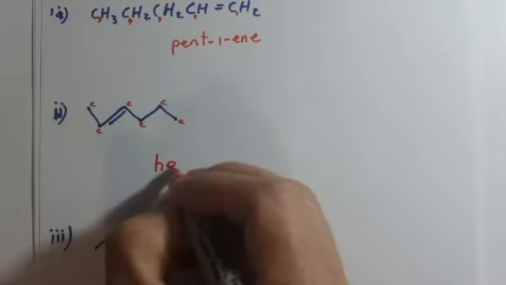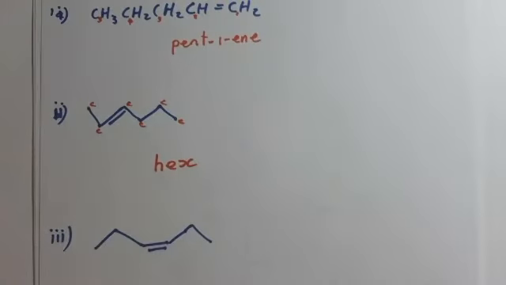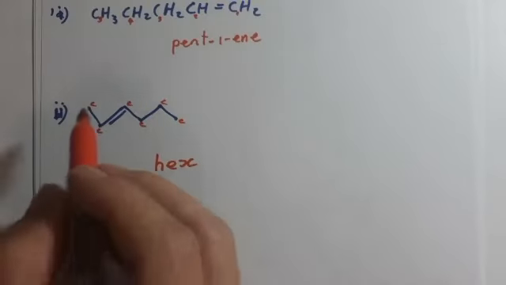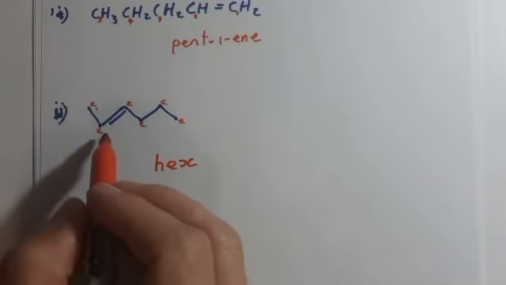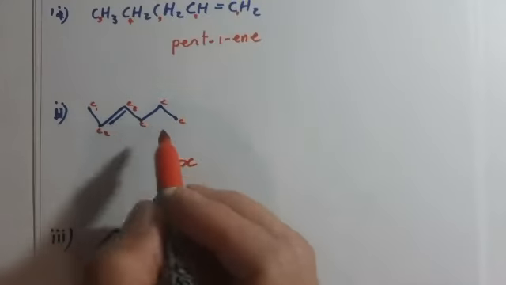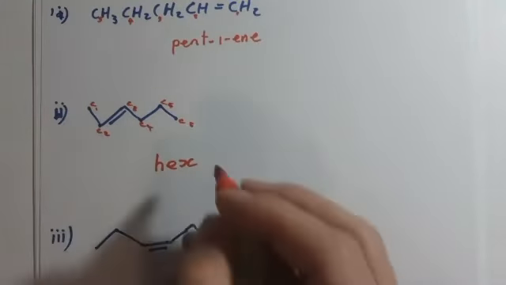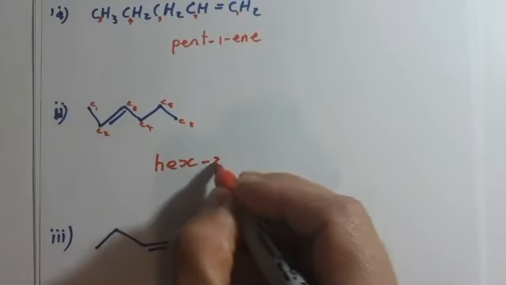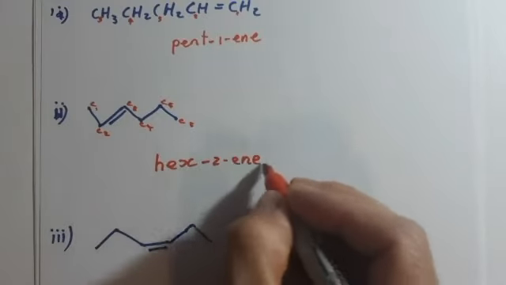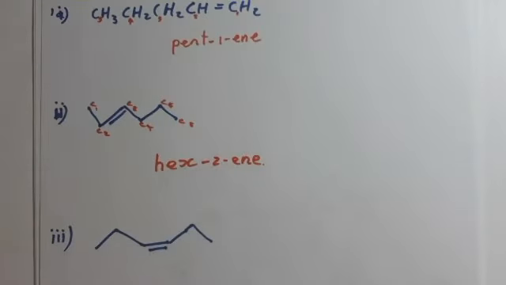And we have hex. We need to number it again so that my double bond has the lowest combination of numbers. So this is 1, 2, 3, 4, 5, 6. On carbon number 2, so it's hex-2-ene. Happy with that?